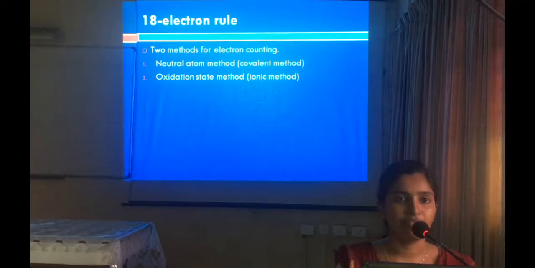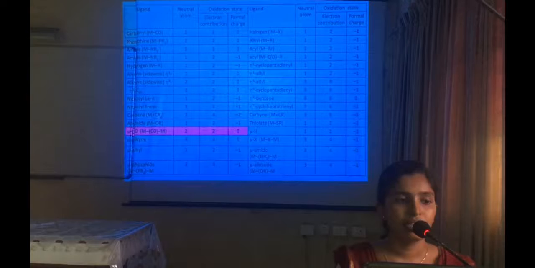Two methods are available for electron counting in the 18 electron rule. The first one is the neutral atom method or covalent method. The second one is the oxidation state method or ionic method. This table shows the number of electrons donated by various ligands in the neutral atom method and oxidation state method. In the oxidation state method, along with the electron contribution, we should know the formal charge of the ligand.